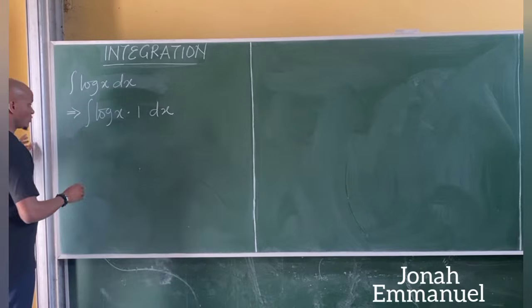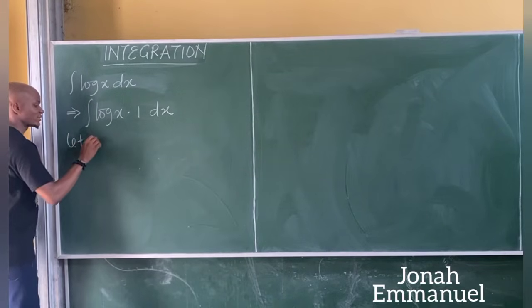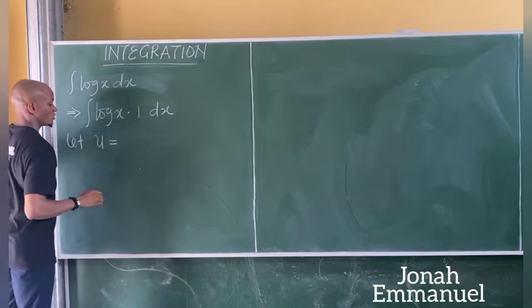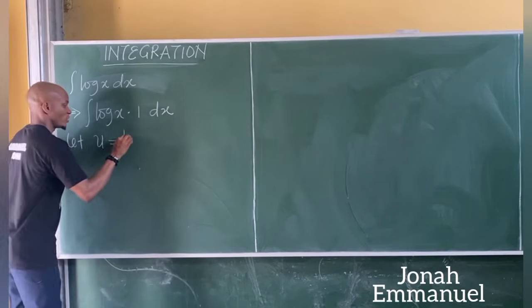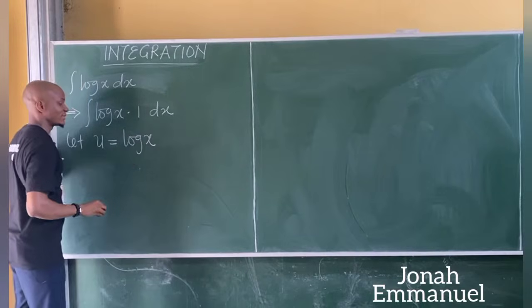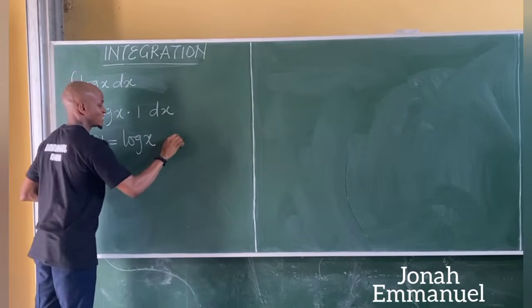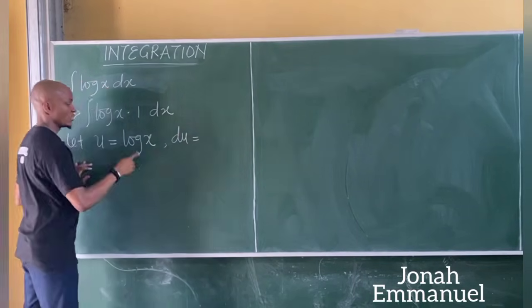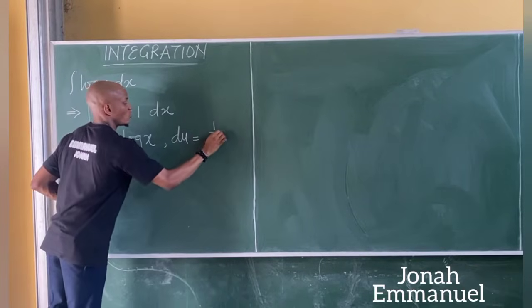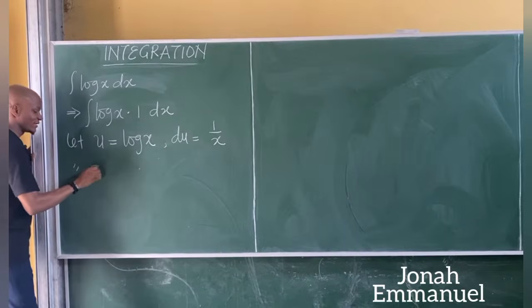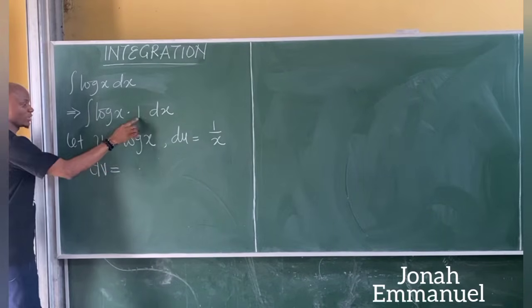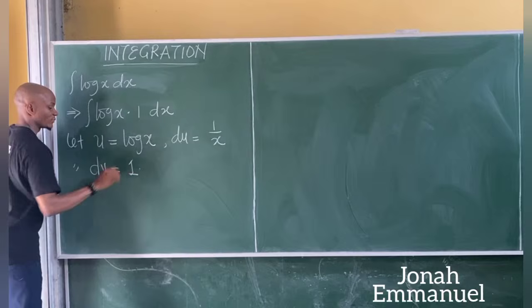So if I'm to solve this now, I will say let u be equal to log x. If I differentiate this, I'll have that du is equal to 1 all over x. Next up, let the v be equal to 1.